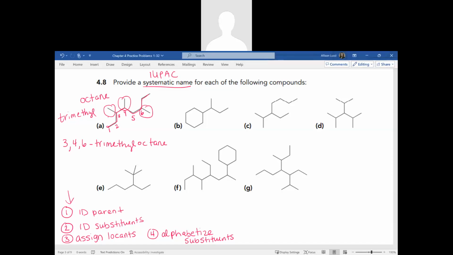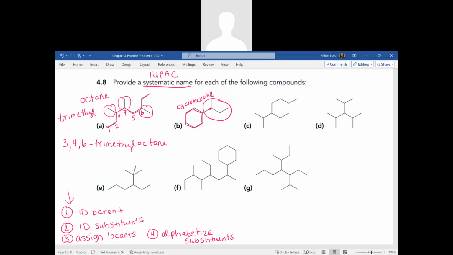So we're going to do something similar here with compound B. This parent is a cyclic structure. So we have our 6-membered ring over here, so we have a cyclohexane as our parent, and then we only have this one substituent. So if we follow the IUPAC nomenclature, if you recall, this type of side chain would be a 1-methylpropyl substituent.